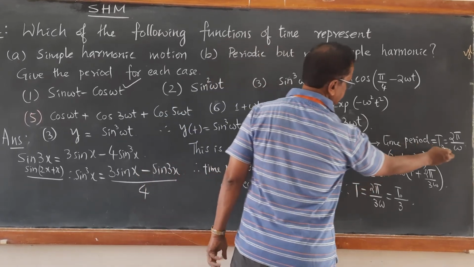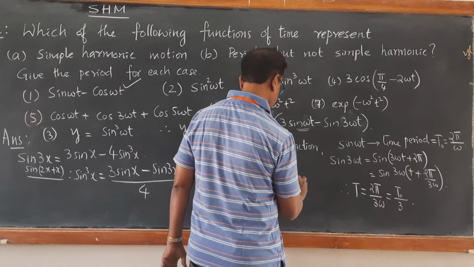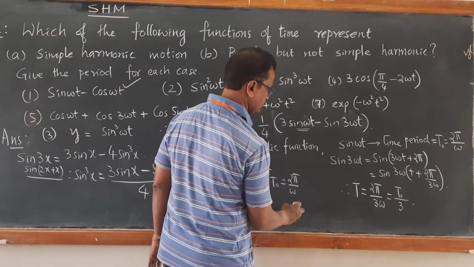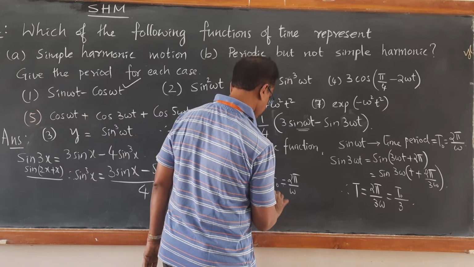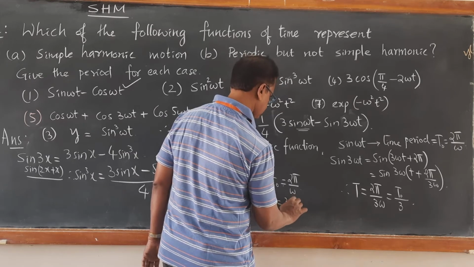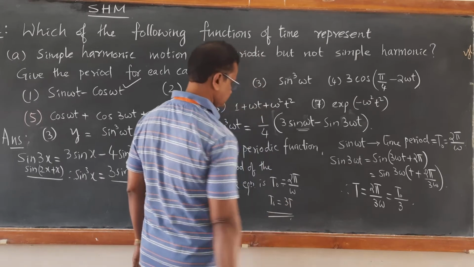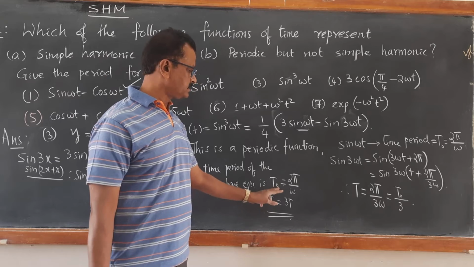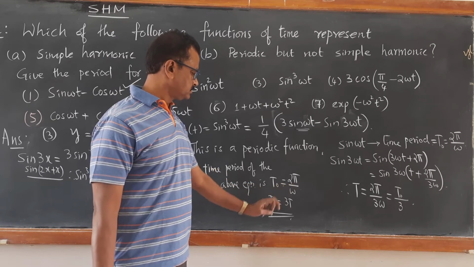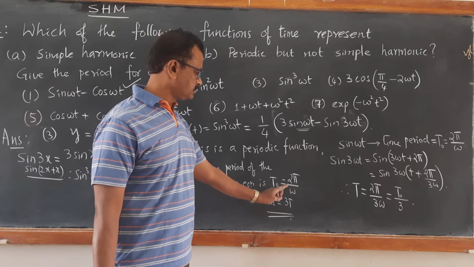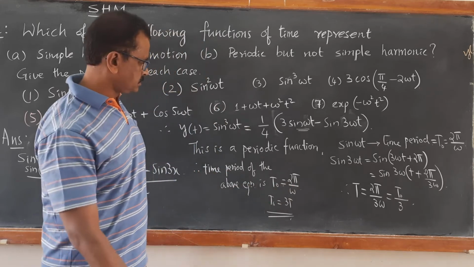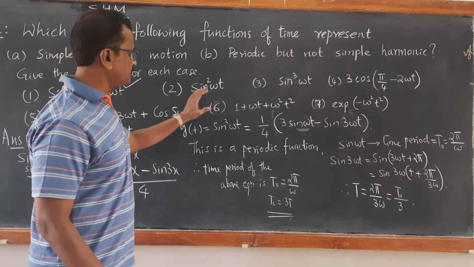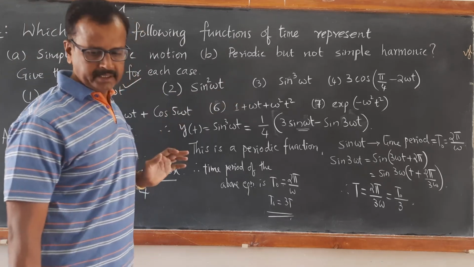In this case it is T naught, that is equal to 2 pi by omega, and in the second case T naught is equal to 3 times T. Therefore, the minimum time period is T naught, equal to 2 pi by omega. This is the time period of this particular function, sin cube omega t.